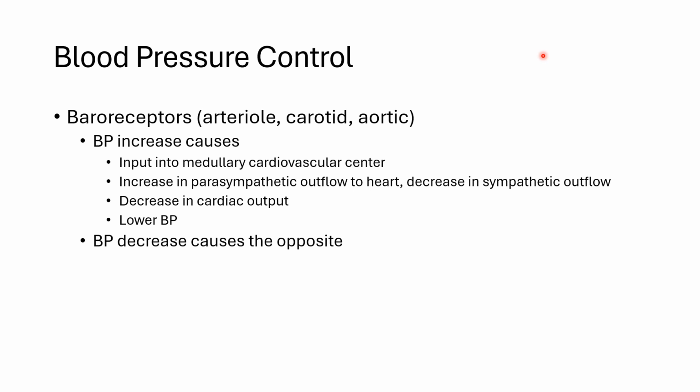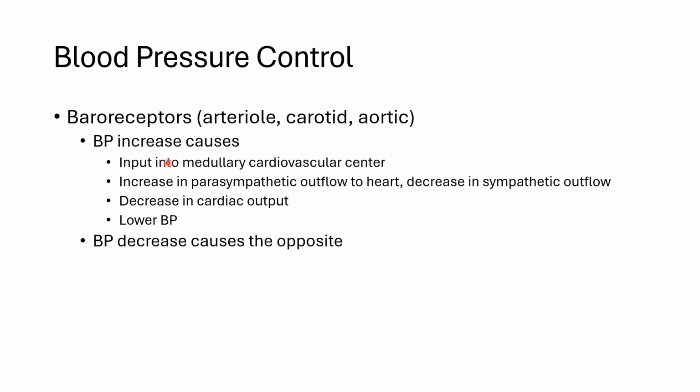You may have, therefore, a decrease in cardiac output. You may have a lower BP. Sorry, that should say higher BP. The opposite would be true if you had a blood pressure decrease.